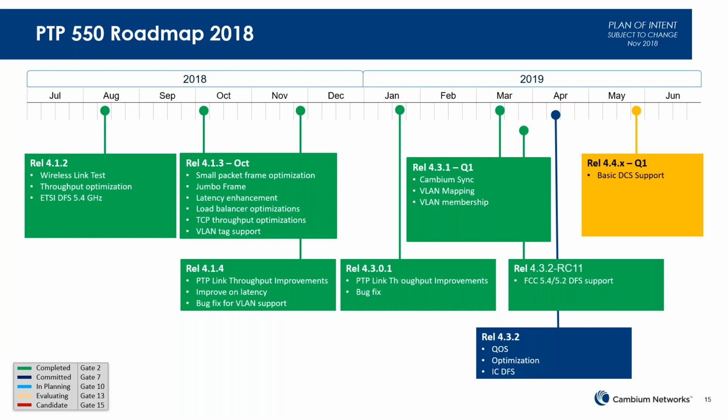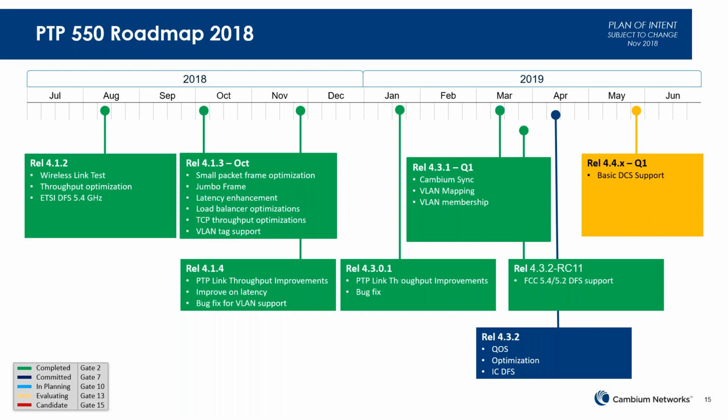Together with 4.3.2, we have the QoS feature added. There are some other bug fixes for the radio optimization. But the big thing in 4.3.2 is FCC and IC DFS. The radio already got its stamp, so that is where we can officially release it. And the QoS is there.